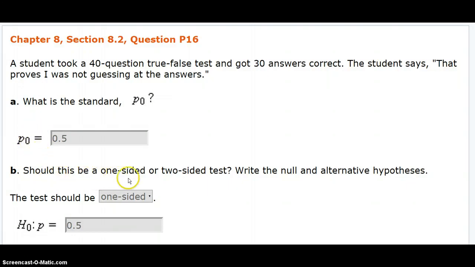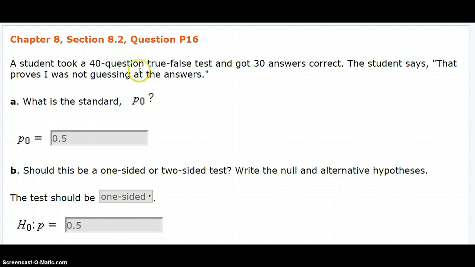Should this be a one-sided or a two-sided test? Well, the student is claiming that he was not guessing. In other words, he's claiming that he got 30 answers correct using some amount of mental ability, not purely randomly guessing. And if that's true, if he really was using some mental ability, his count should be greater than the 20 that we would expect by chance.